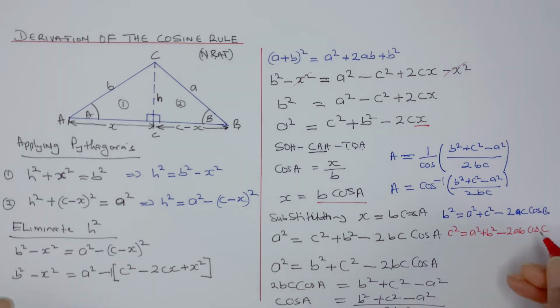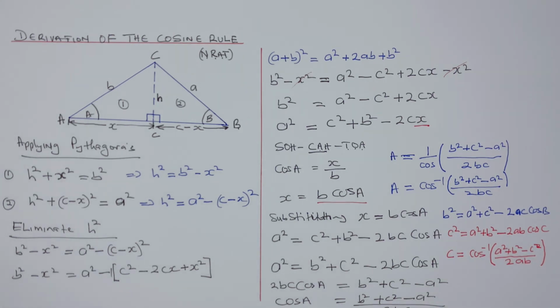So for this one, the angle C will be equal to cos to the power minus 1, open bracket, because you're moving that to the other side, a squared plus b squared minus c squared, close bracket, divided by 2ab.